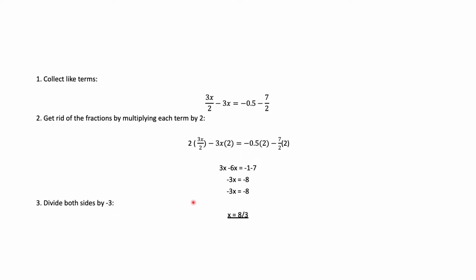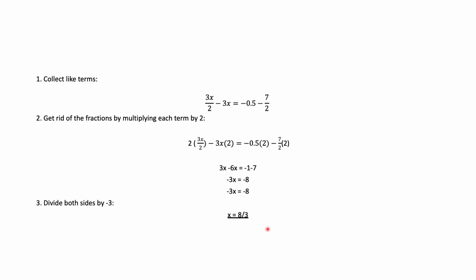And the last step, we divide through by negative 3 so that we have x alone on one side. So when we divide through by negative 3, we get x as 8 over 3. So that's the value of x.